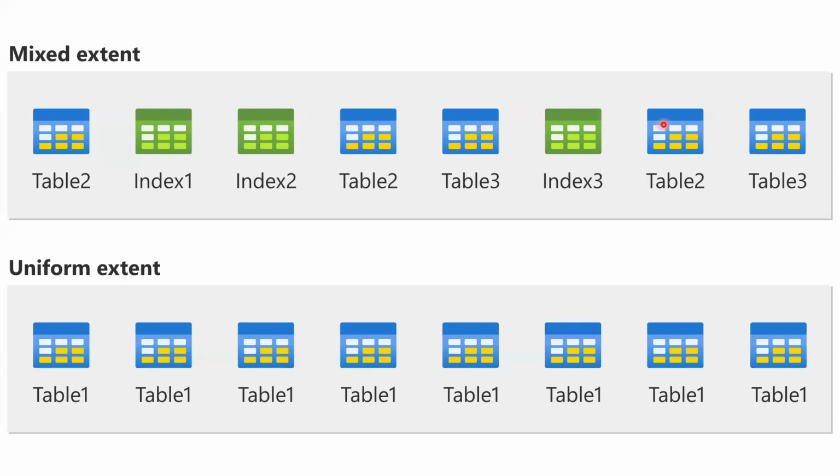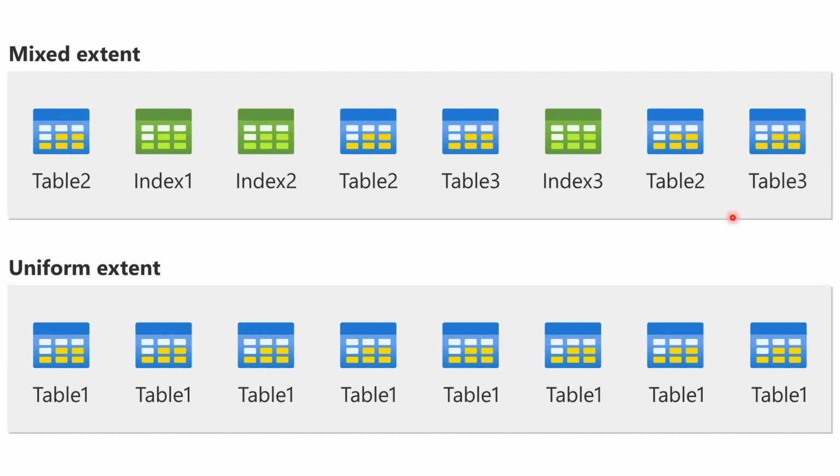As you can see, in one extent there are 8 pages; here the first one is from table 2, the second is from index 1, then the third is from index 2. So in a mixed extent, the 8 pages could belong to different tables.